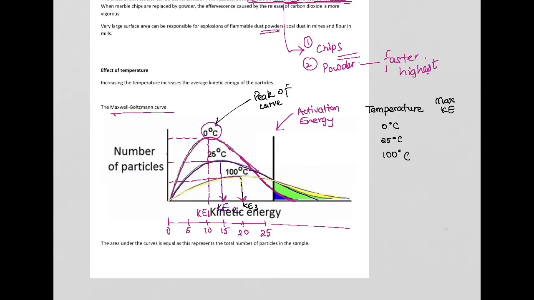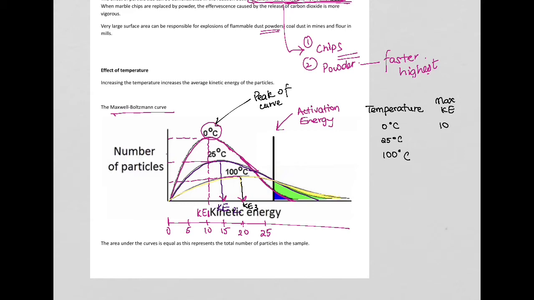Now, if you look at the graph, you'll see that at 0 degrees, the maximum kinetic energy of the particles, that is the peak of the curve, is at the arbitrary value 10. The values don't really mean anything. They have no units for now. It's just showing you the values on a scale, so you can see what's happening.